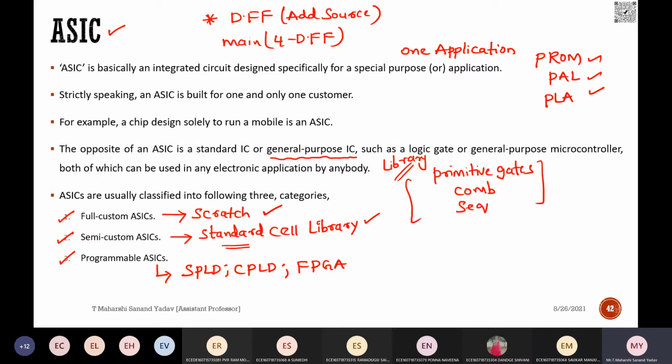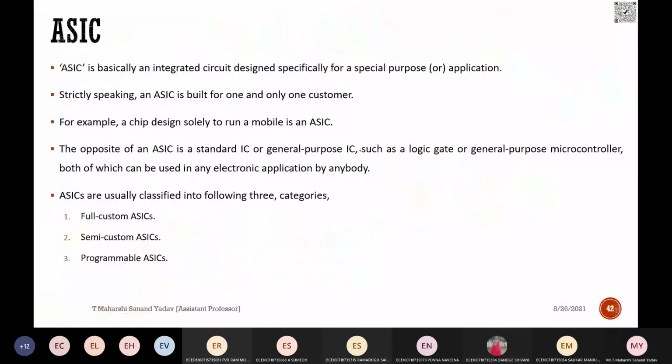PAL is programmable AND and fixed OR. PLA has both programmable. Programmable is indicated with a cross mark, and fixed is indicated with a dot.